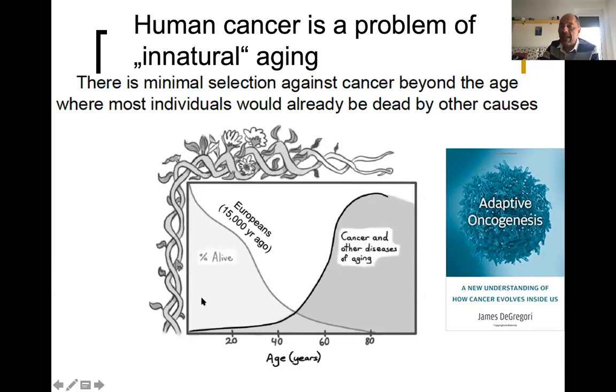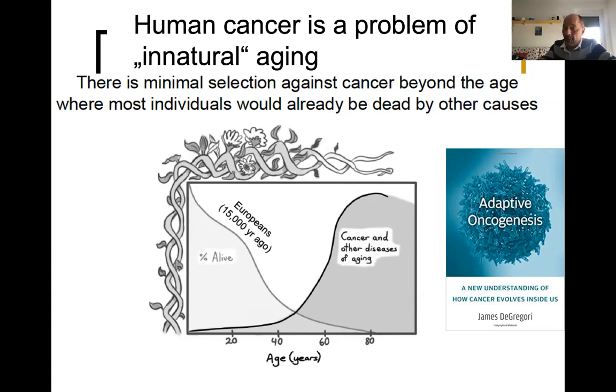Most of the people were dying around 30, 40 years, and they were dying mostly of infections. There was no control on infection. There was a large neonatal death, and then of course a large death from other causes. So at that time, for the genetics of humans, cancer was a very rare disease. Now it is the second cause of death worldwide, but at that time it was very rare.